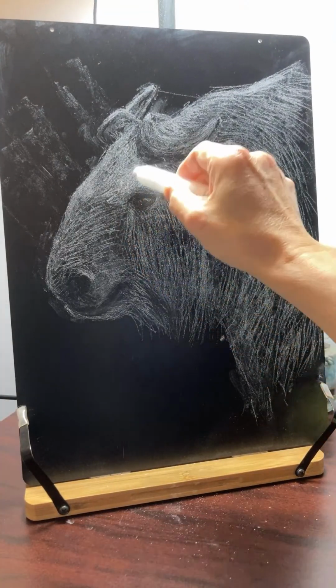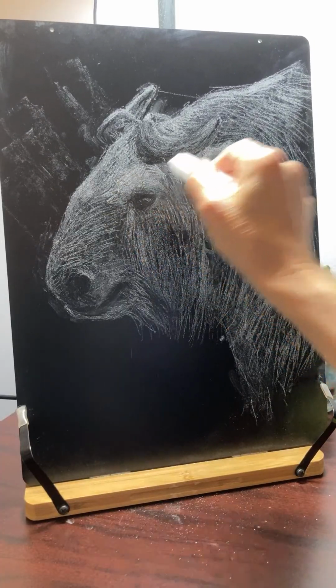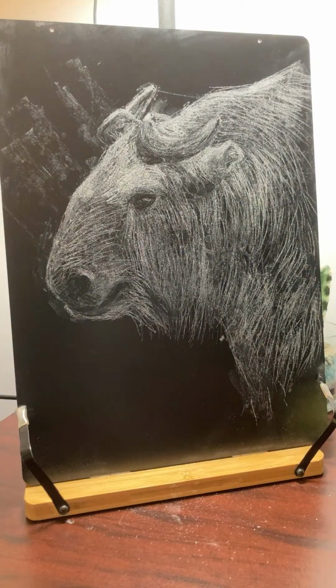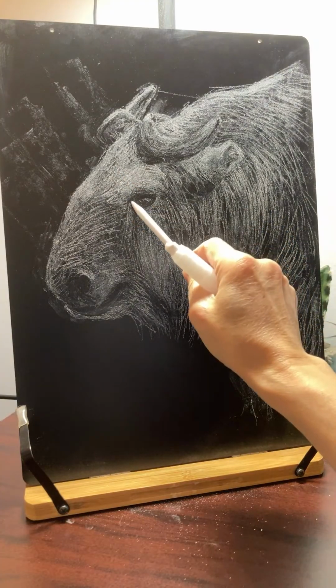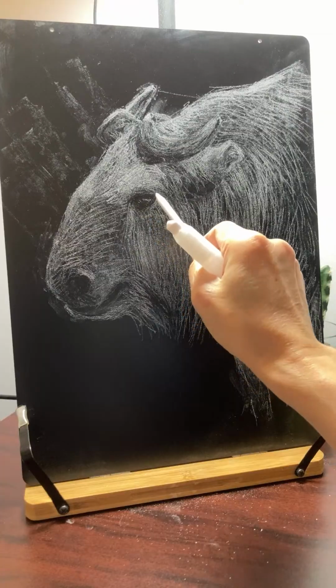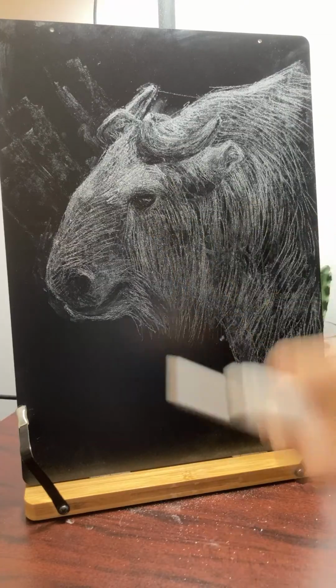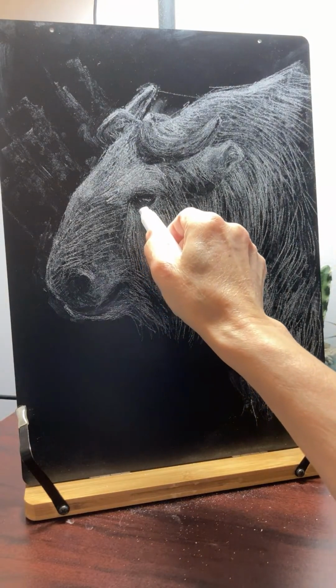Okay, I put more chalk here, make it light. This is the eye corner here. This is the shadow. It must be dark, very dark. Then I draw the eye frame.